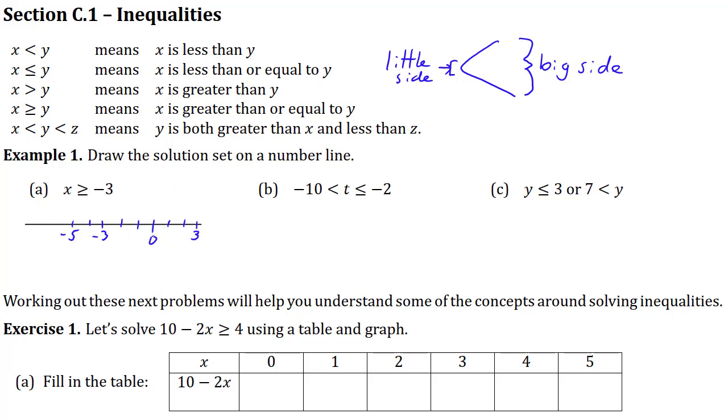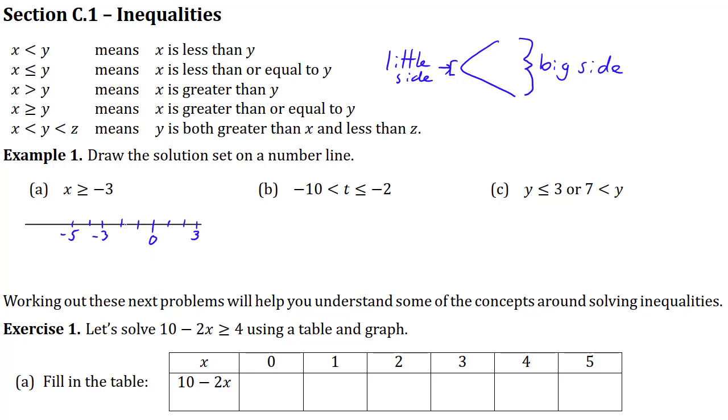Saying x is greater than or equal to -3 means x is to the right on a number line. So that includes numbers like 4 and 5 and 6 and everything out that way, but it also includes negative numbers like -1 and -2.